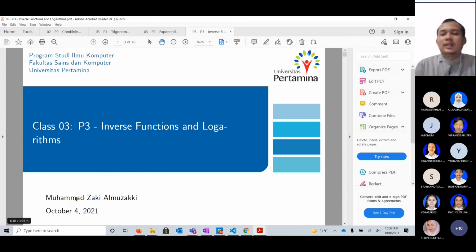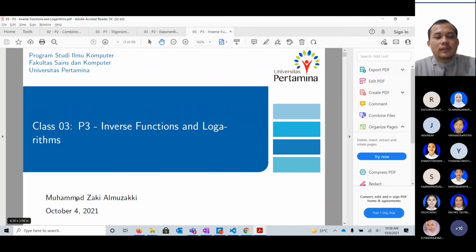Okay, now the last part of this morning session is about inverse function and logarithm, but I don't know if I will manage to finish it. If we don't manage to finish it, we will continue later in the afternoon session.